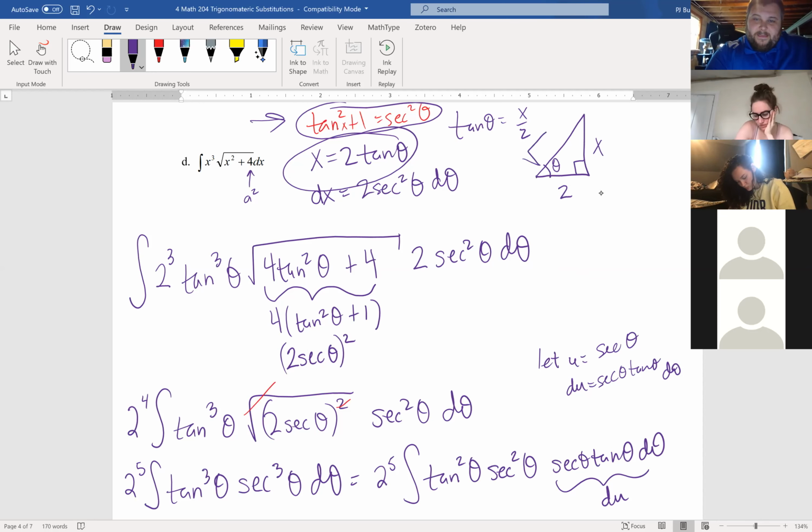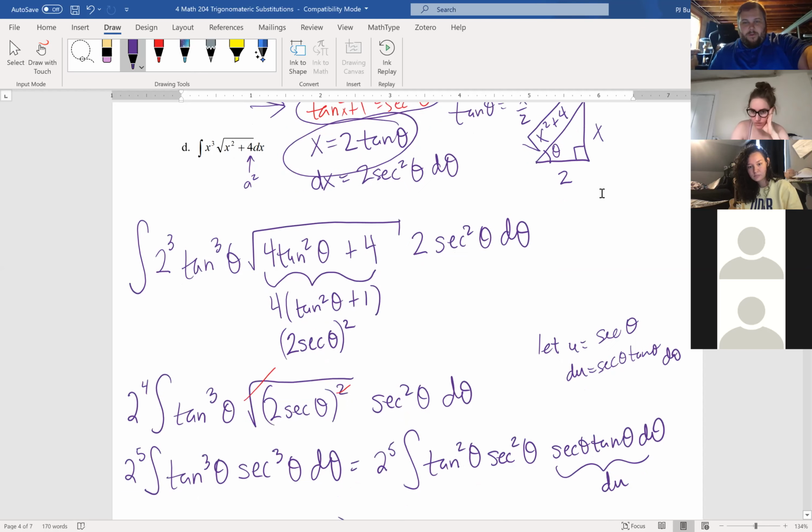Which means this side is the sum of the squares, square rooted, because it's the hypotenuse. That appears in the problem. All right, so we made the right choice at the beginning. So now we just need to convert.